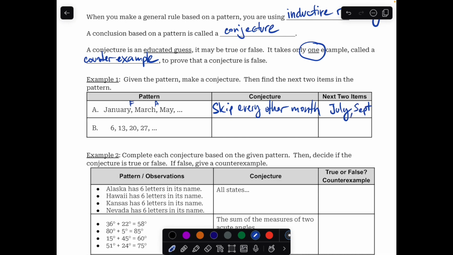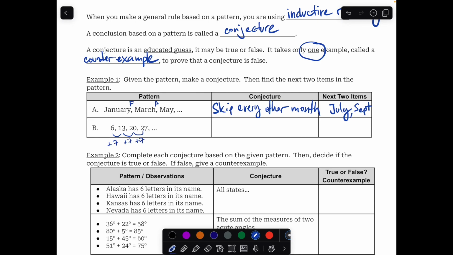Now let's look at the other example. We have 6, 13, 20, and 27. In this sequence of numbers, how do we get from 6 to 13, and then from 13 to 20, and 20 to 27? Well, it looks like I'm just adding 7.